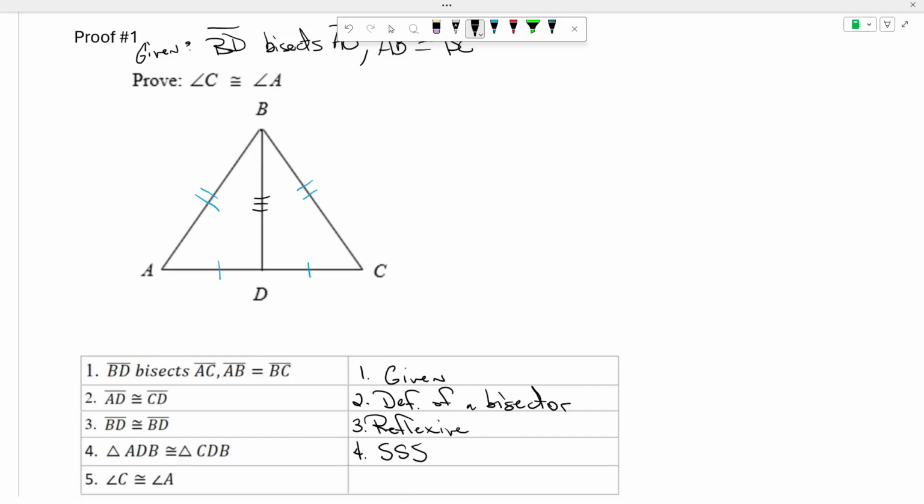And if our triangles are congruent to each other, then we have just proven that C is congruent to A because corresponding parts of congruent triangles are congruent, or CPCTC.